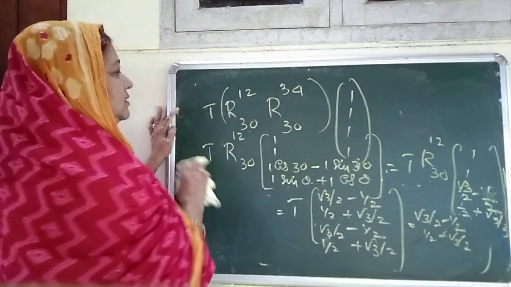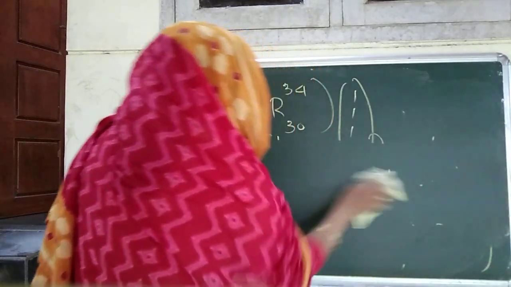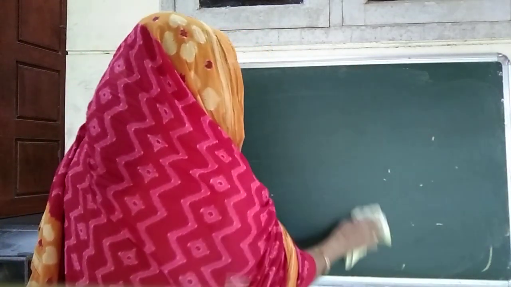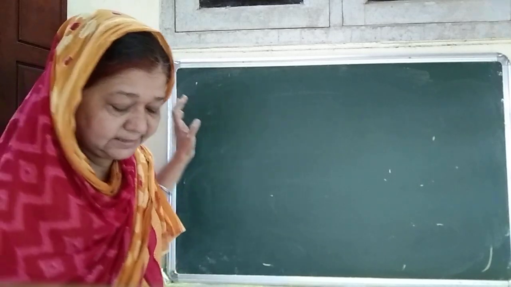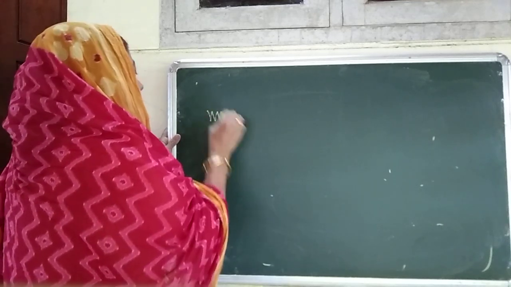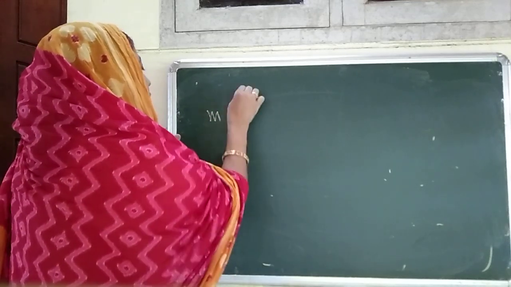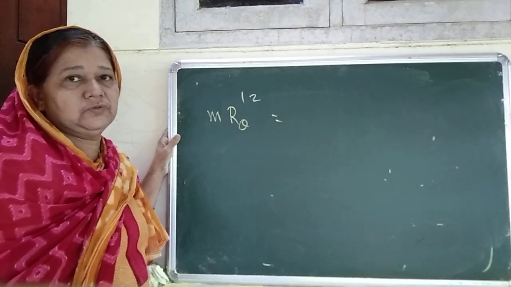Okay. So we have rotation, reflection, linear transformation, etc. Then we have seen the matrices. Again, what is a matrix transformation of M of R theta of 1, 2? What is the matrix of this R theta of 1, 2?